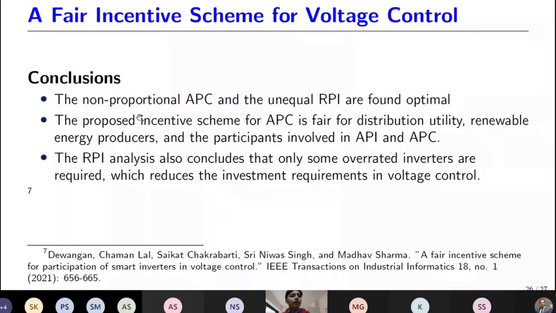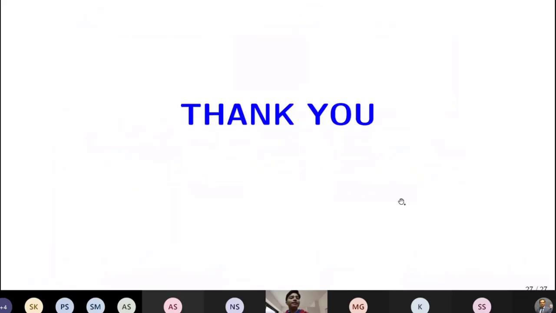And I propose the APC incentive scheme, which is fair for the distribution utility, the renewable energy producer, and participants of active power injection and active power curtailment. And when we have fewer overrated inverters, it also reduces the investment required for overrated inverters. So these are the benefits. Thank you.